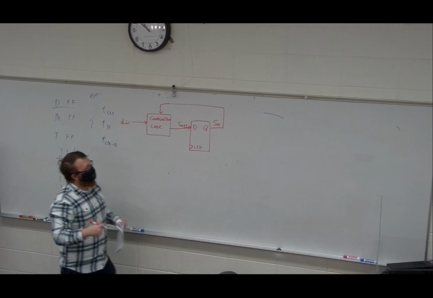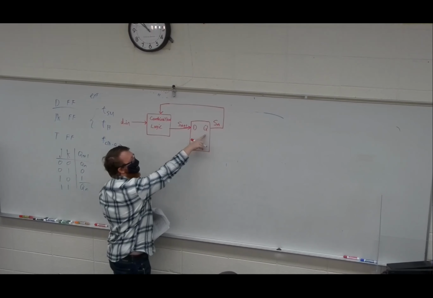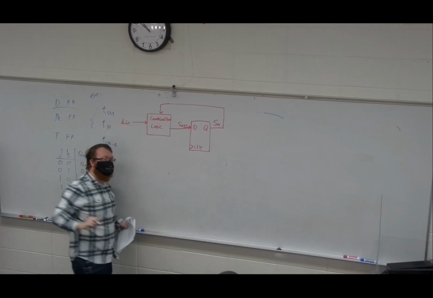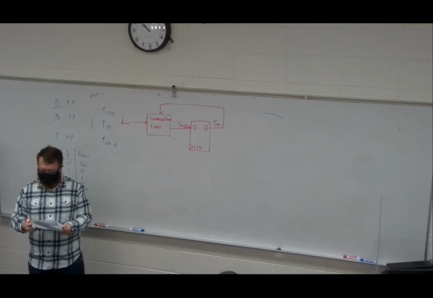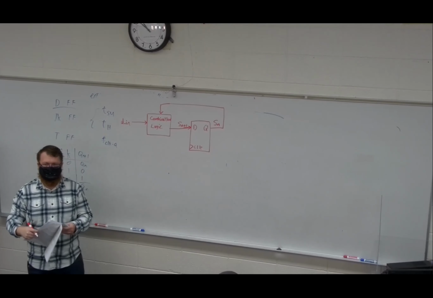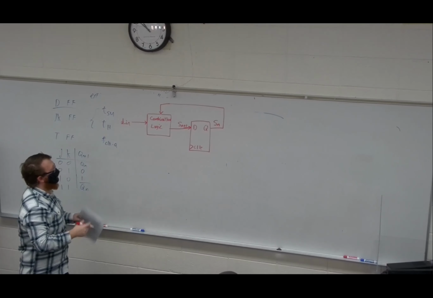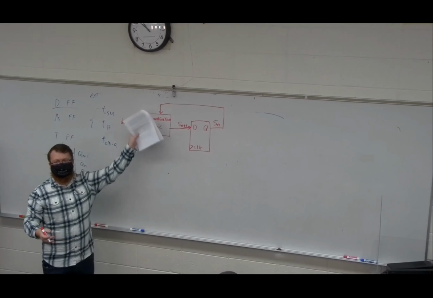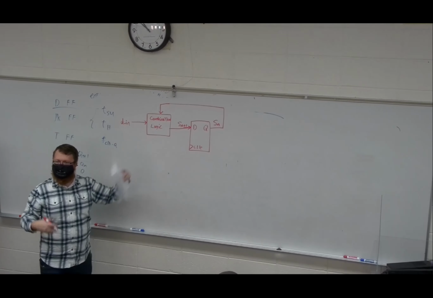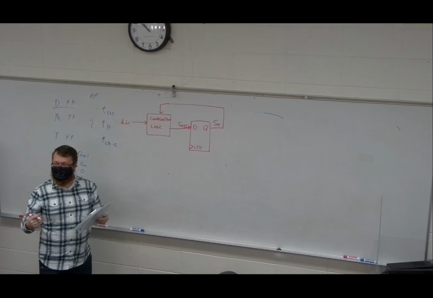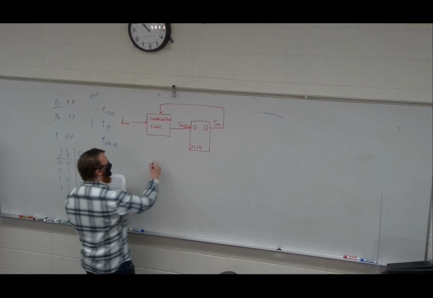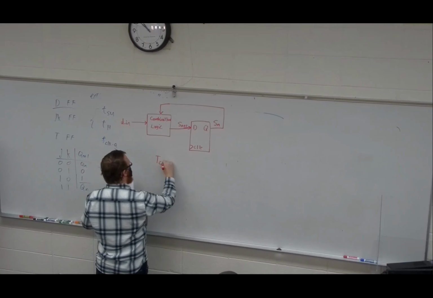There is going to be a delay from D to Q, and there's going to be delays through that combinational logic. So ultimately, in order for this decision to be made correctly without having an error or a glitch, we need to satisfy this statement.